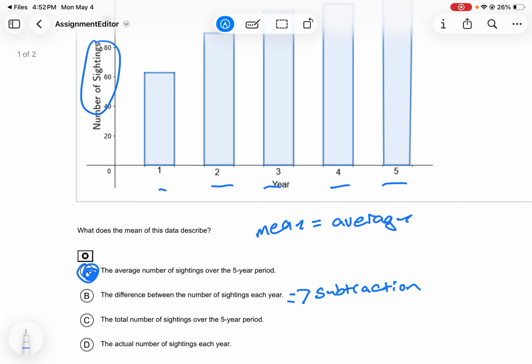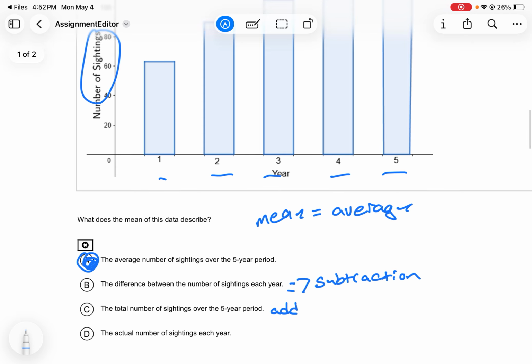The total number of sightings over a 5-year period, that would mean we added them all together, not found the mean. The actual number of sightings each year, well, that's each bar. And so the only one that makes sense is A.